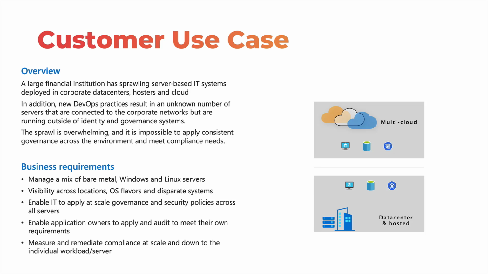Now, this leads to a lot of fragmentation and lack of control because the enterprise IT, first of all, doesn't know where these are deployed, and second, cannot really apply the compliance and the security policies that are essential for central IT.